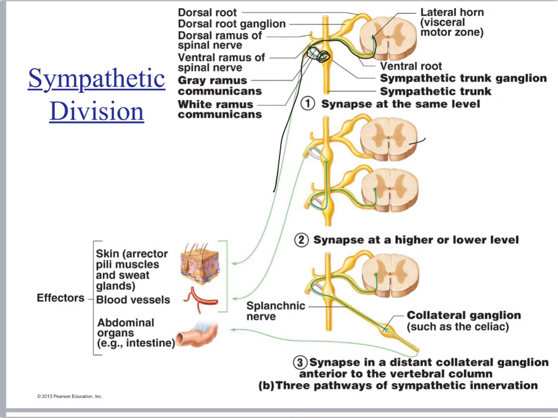Okay. Now the second pathway, same thing. The origin is here. It's going to go through. Oh, it's not going to synapse in the first ganglion it meets. Nope, it's going to go up. Then it's going to synapse. Now I've got a synapse and the postganglionic axon goes out. Okay. And then down here, this is the third pathway.